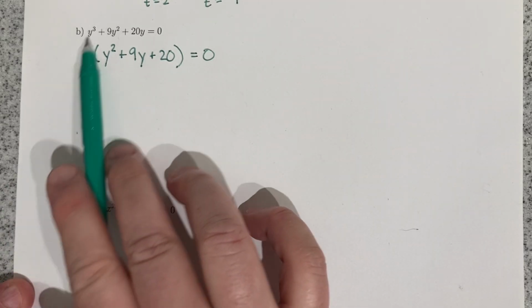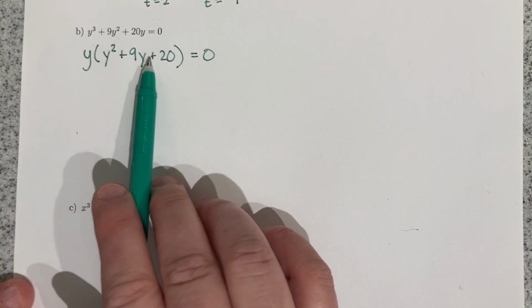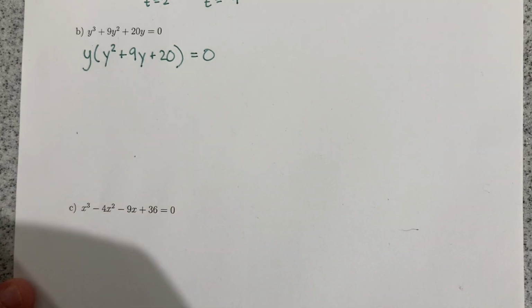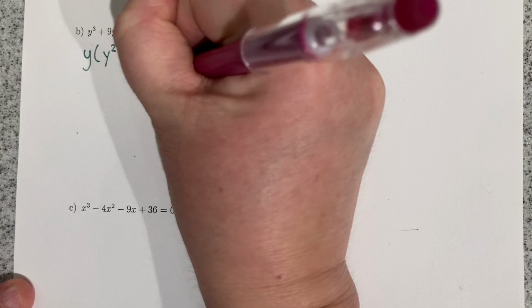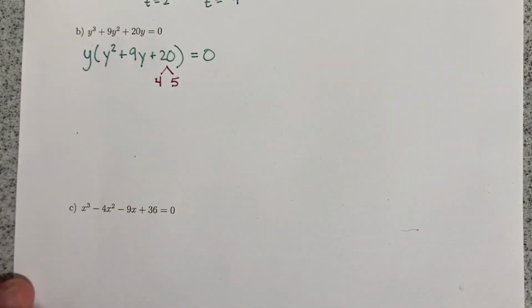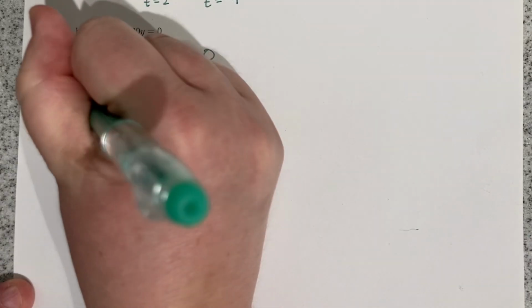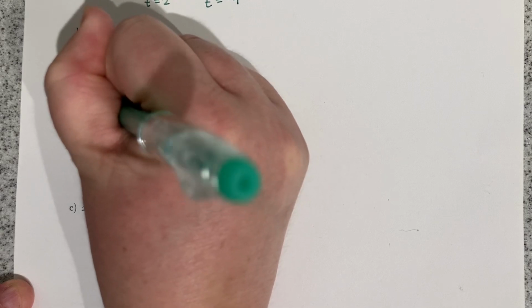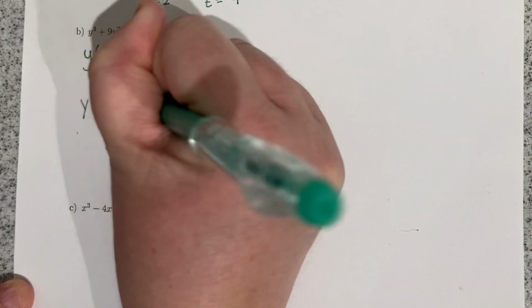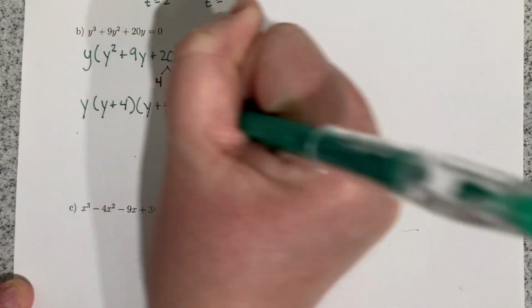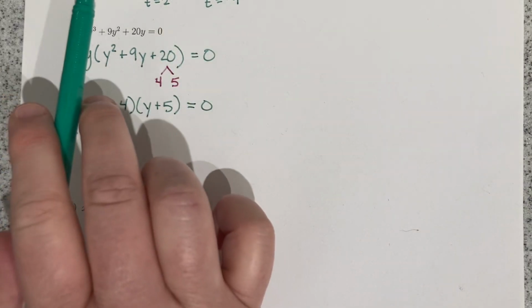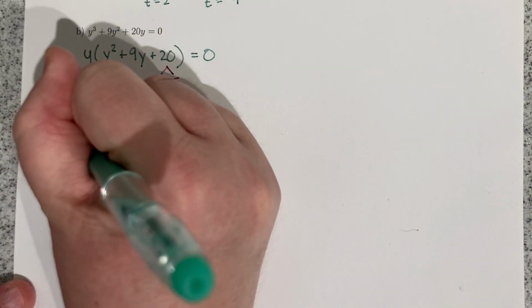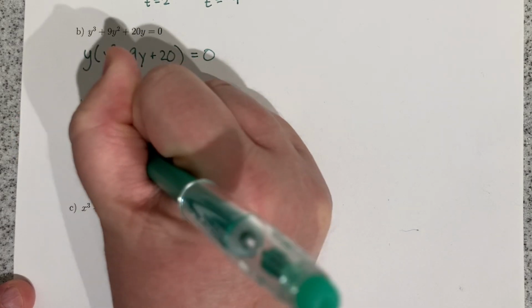And now that I've taken out that extra y, now a is 1, so this is just a regular: what two numbers multiply to 20 and add to 9? Oh, well, that's 4 and 5. The y, that GCF, is still out there, so then it's y plus 4 times y plus 5 equals 0. This one's a little different than the previous one in that the GCF gives us a solution.